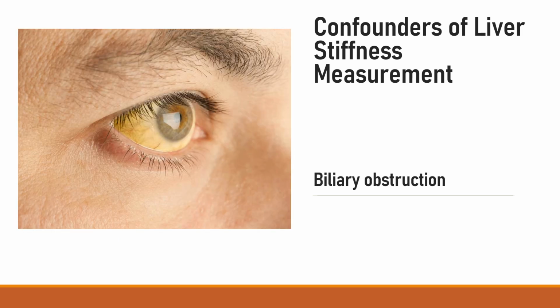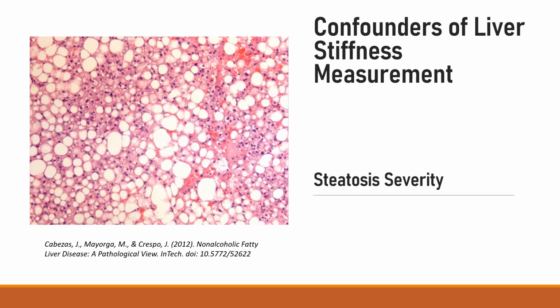Same applies to biliary obstruction, so these patients should not be sent for a Fibroscan until well after the obstruction has resolved. And the severity of steatosis has also been found to affect liver stiffness, albeit to a lesser degree.